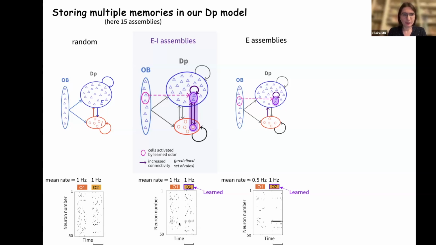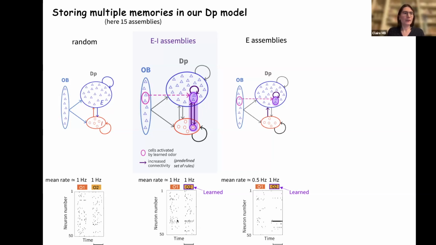Here on the bottom, you see an example raster plot. Odor 1 would be a novel odor and odor 2 is the learned odor. You can see here, for example, this would be an assembly neuron, and you see a modest amplification of activity in this neuron.